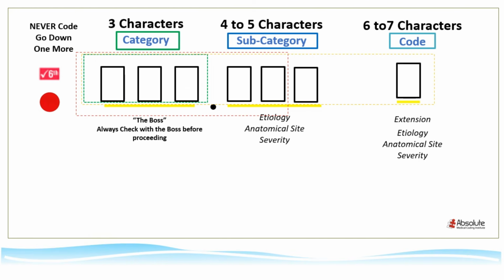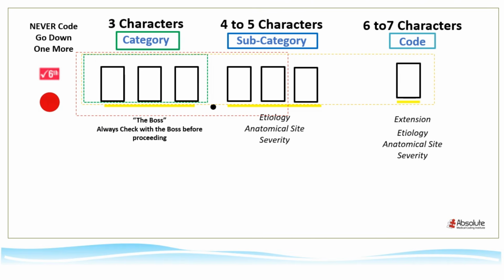In fact, never code it. Go down one more. That's what that box means. However, if it has a number in it, it'll tell you, hey, this needs 6 characters. When you get to the 6th character code, if it says this needs 7 characters, you get to the 7th character, and that is what you code.